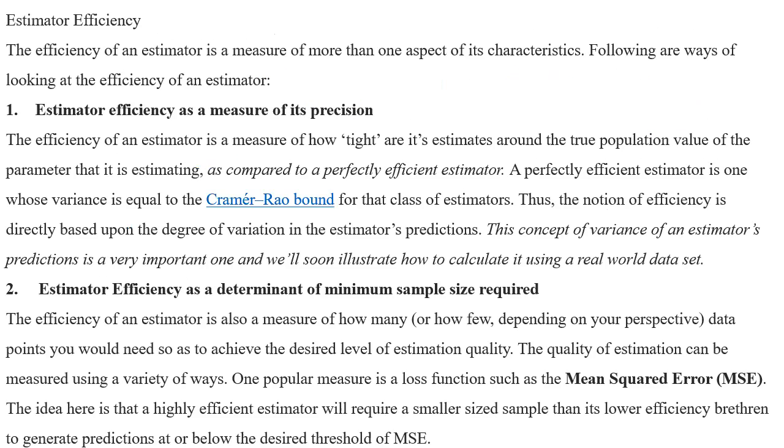The efficiency of an estimator can be measured in different ways, and the two most important are estimator efficiency as a measure of its precision, and estimator efficiency as a determinant of the minimum sample size required. So on this basis, the efficiency of an estimator is a measure of more than one aspect of its characteristics.